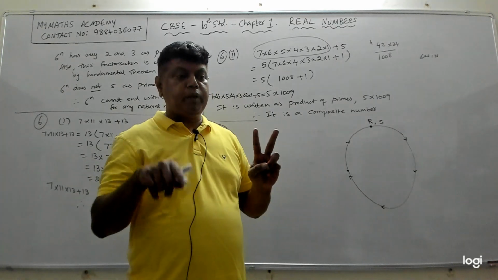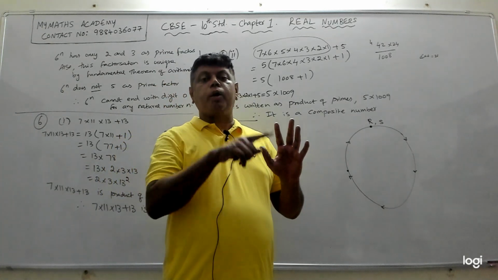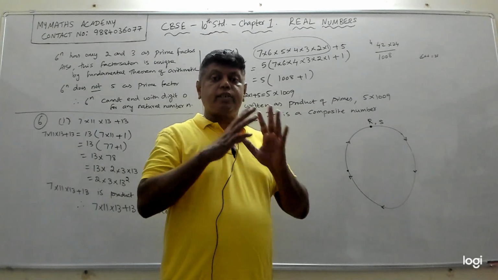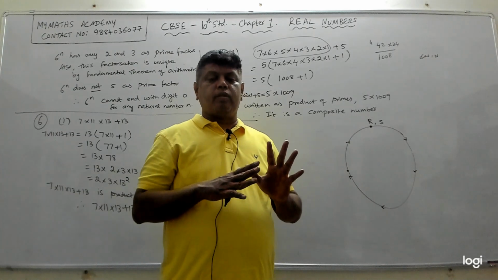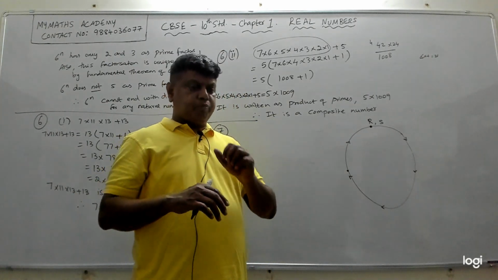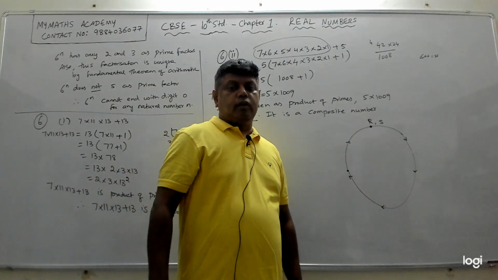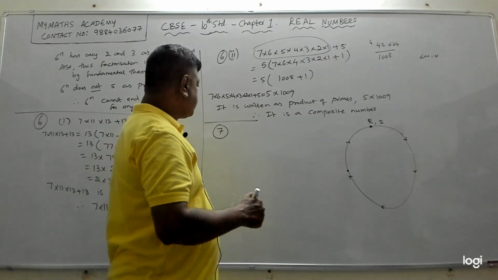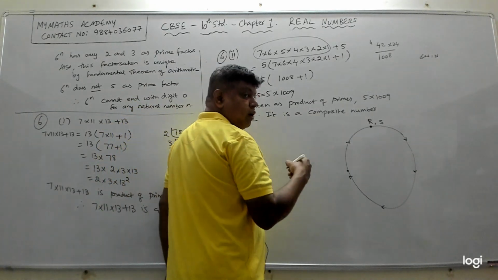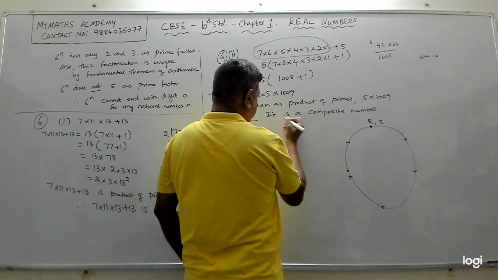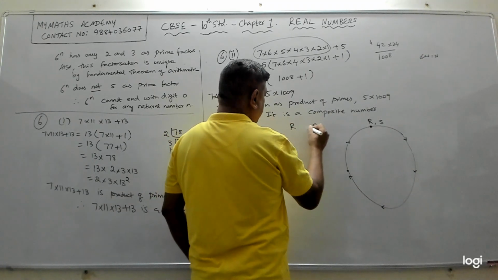For them to meet at the same point, both of them should complete the circle at the same point, which means you need to find the lowest common multiple of 18 and 12.